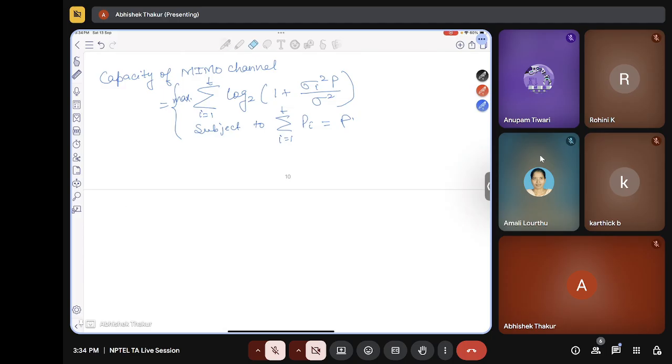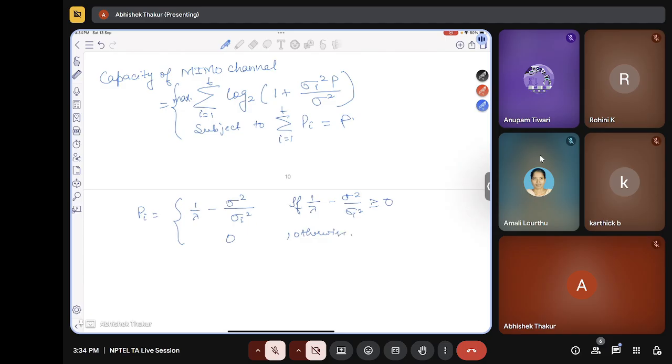So P_i is equal to 1 by lambda minus sigma squared by sigma i squared, if this is greater than or equal to 0. Else it will be 0.